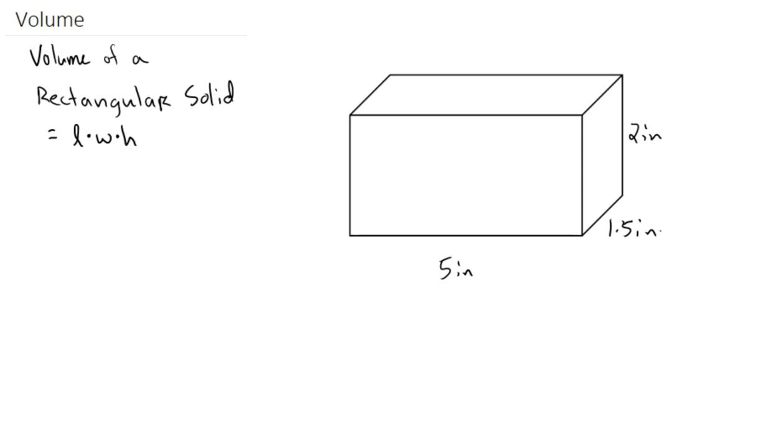Let's throw some fractions in there, decimals in there for fun. Okay, so that's my length, my width, and my height, and that's what you need for a rectangular solid. So the idea there is if this is 2 inches high, then I'm going to cut this into 2 layers on my cake. If it's 5 inches wide, I'm going to slice it 5 times this way.